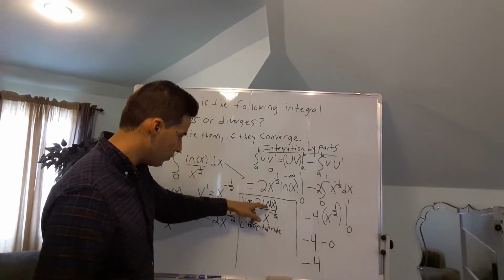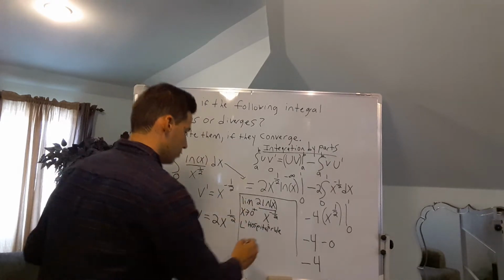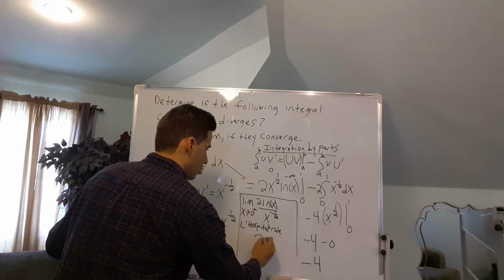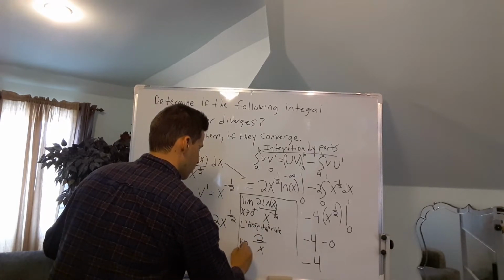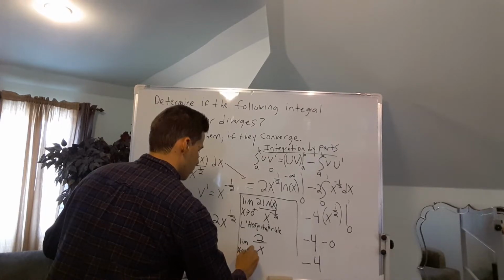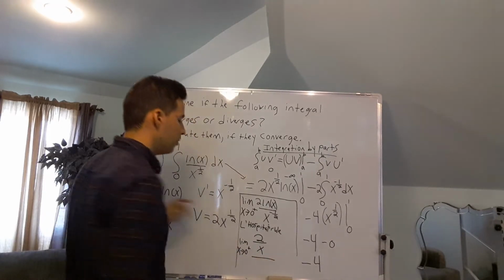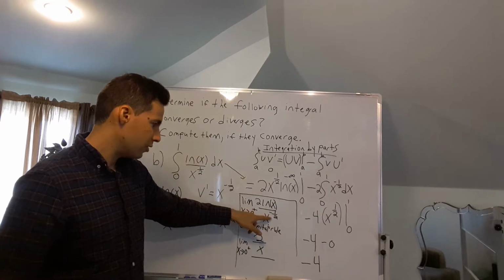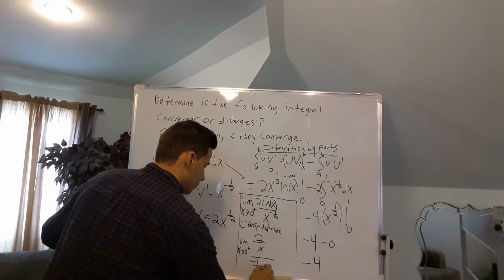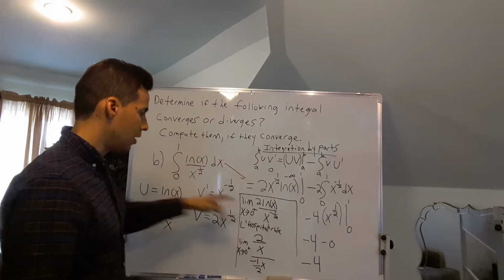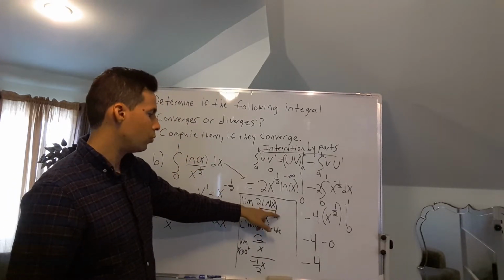Okay, so the derivative of ln x is 1 over x. So we're going to get 2 over x. And on the bottom, x to the negative a half, the derivative will be negative a half. You pull that out front, and then you subtract 1 from the exponent.